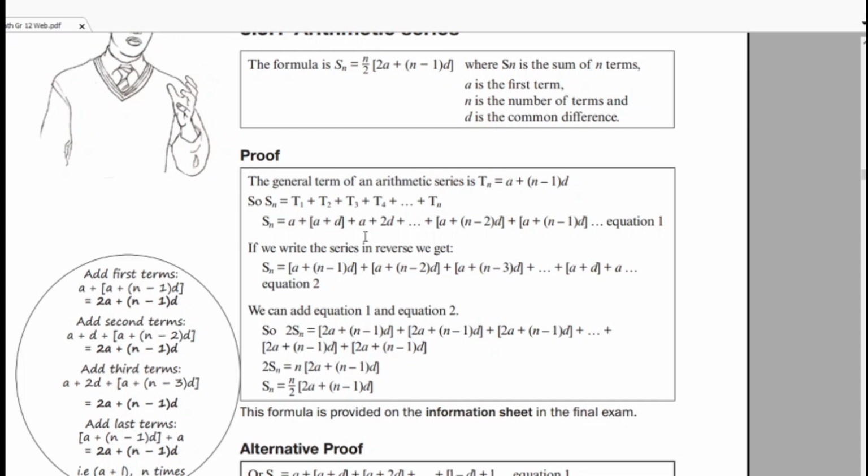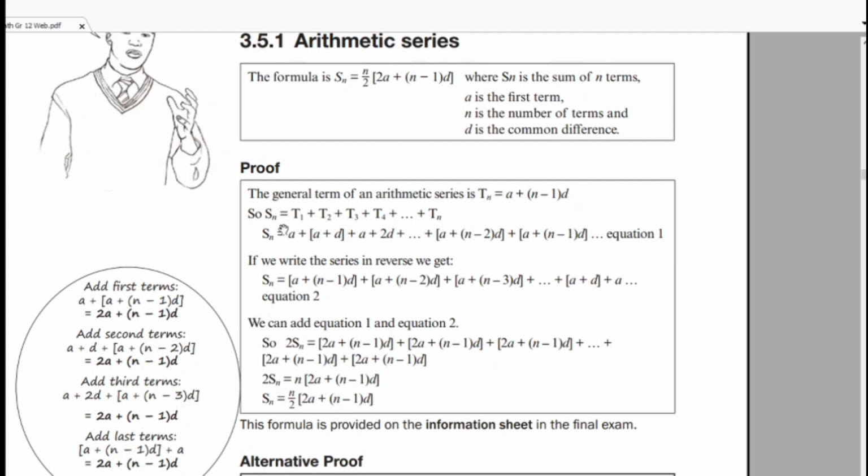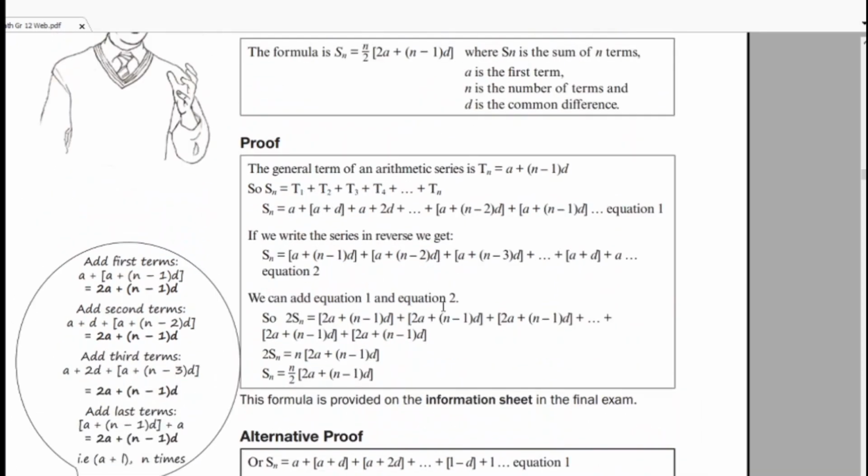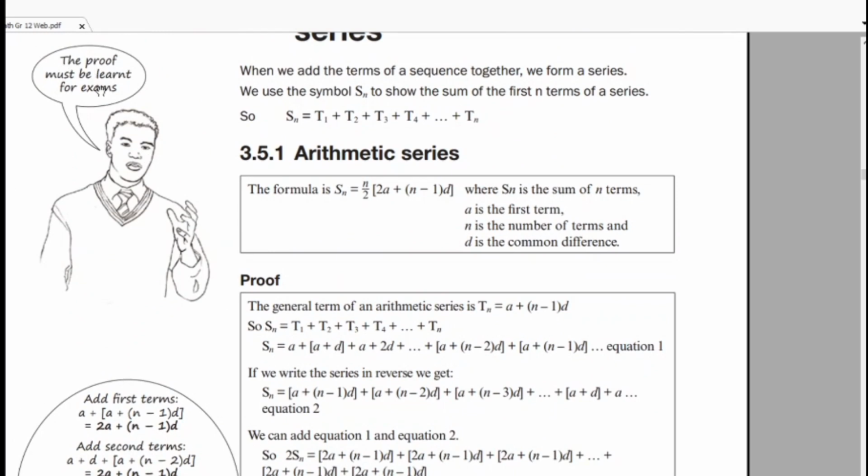Just let me know if you are confused, then I can create a video explaining how they derive this formula for Sn. So if you are confused by this proof, let me know on WhatsApp where you are stuck, and then I can create a separate video and derive this formula for Sn, right? This proof must be known for the exam, just a reminder.